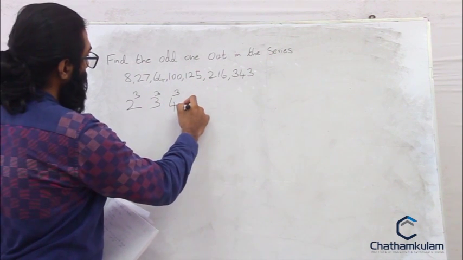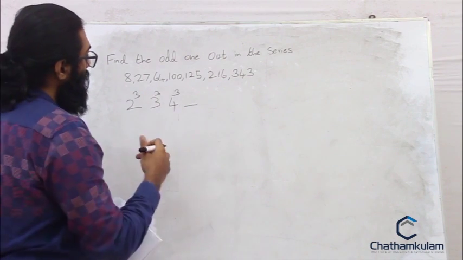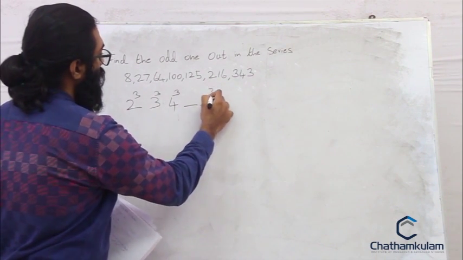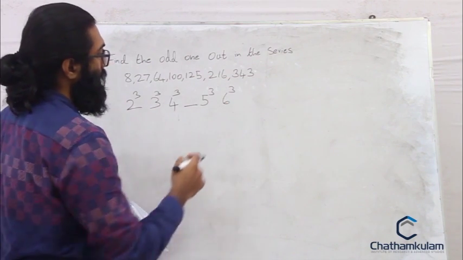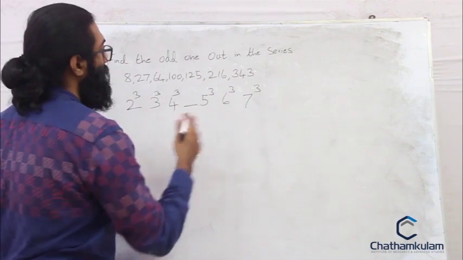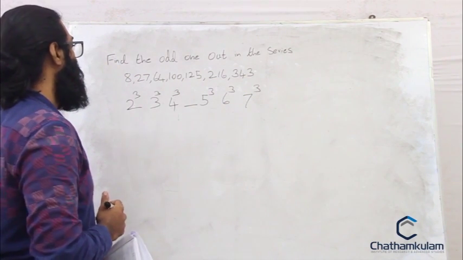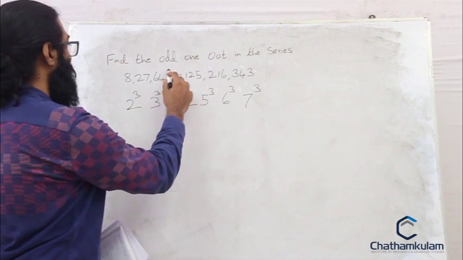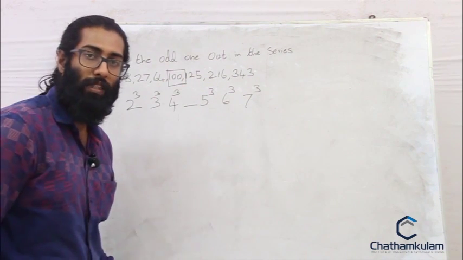Then we can say there is no cube root for 100, then 5 cube is 125, 6 cube is 216 and 7 cube is 343. So we can say that here 100 is not a cube of any number. We can say that 100 is the odd one out in the series.